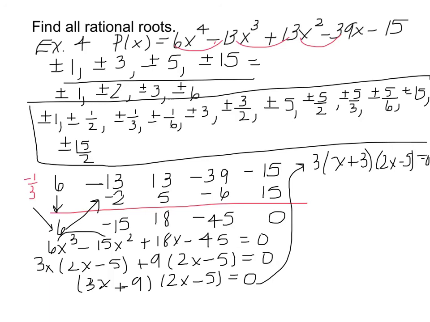So that would leave me with x plus 3 equals 0 and 2x minus 5 equals 0. So x would equal 5/2.